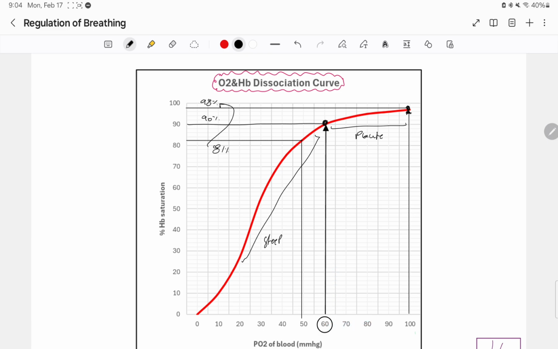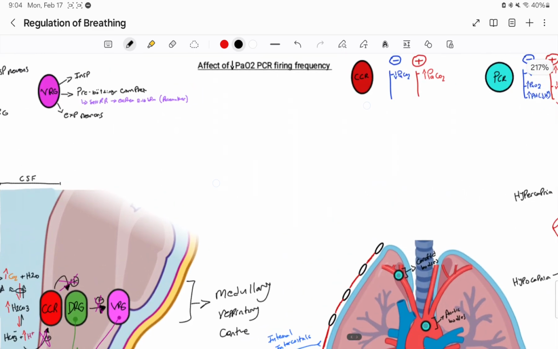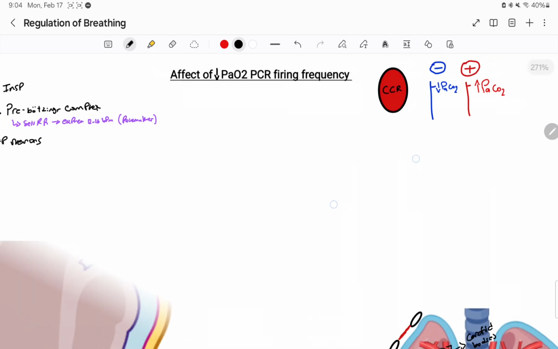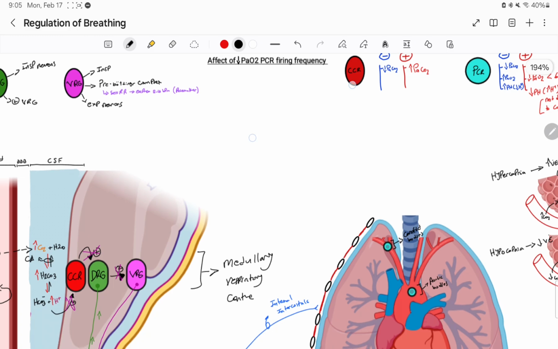Okay? Now that we understand that, let's take a look at the effect of a low partial pressure of oxygen on the peripheral chemoreceptor firing frequency. What do I mean when I say firing frequency? I'm talking about the action potential firing frequency. Because if you remember, I said that every single receptor is coupled to a neuron, and that neuron will then increase its action potential frequency.